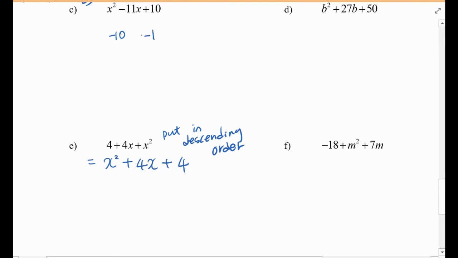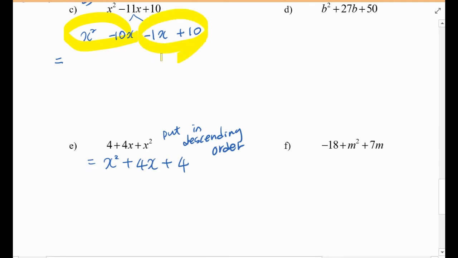Negative 10 plus negative 1 becomes negative 11, and when you multiply, it becomes positive 10. So negative 10x, negative 1x. And after that, group those 2 up. Okay?